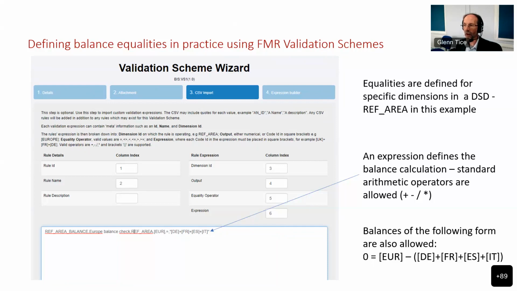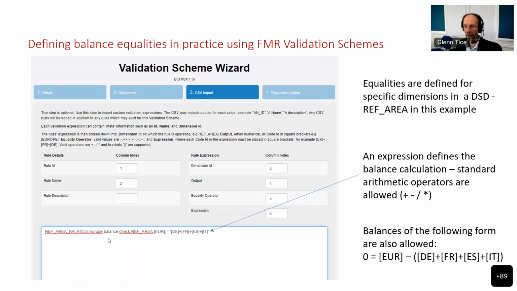So in the demonstration, I skipped over this option of a CSV import. We saw in the demonstration that we can use this expression builder to help build the expression for us.